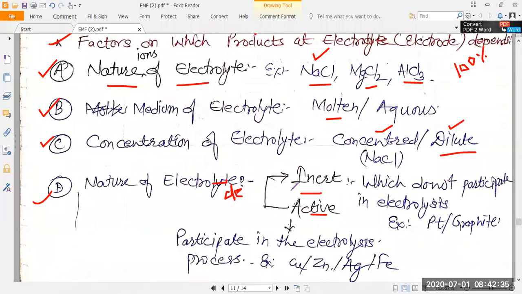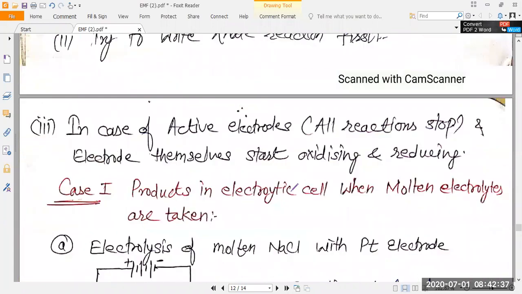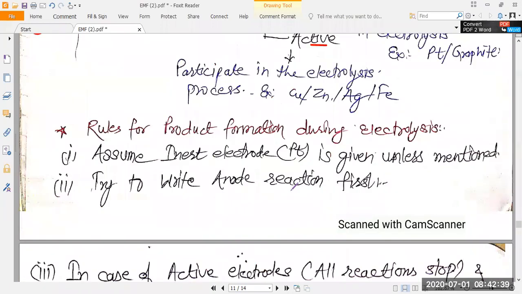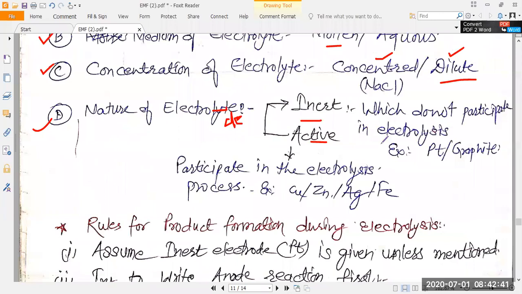Okay, and the second type of electrodes are active electrodes. The examples of inert electrodes are platinum and graphite. The electrode may be platinum, the electrode may be graphite, and if active electrodes are taken, then active electrodes participate in the electrolysis process.